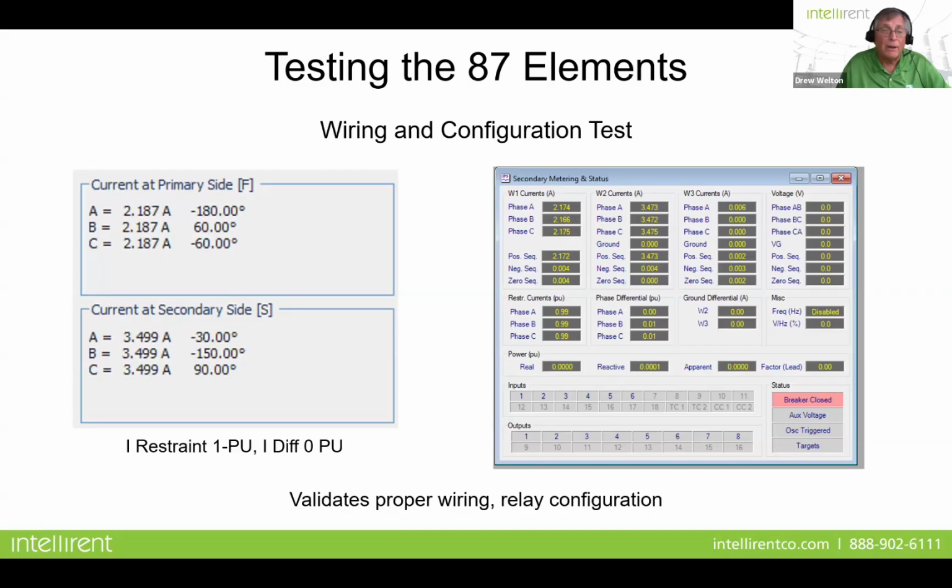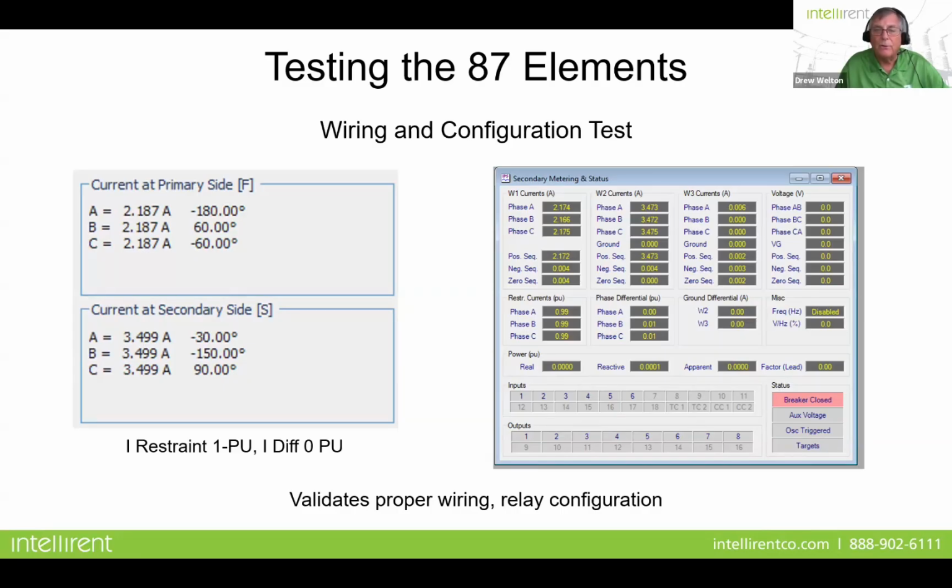Because you can see we're 180 out minus the 30. There's that DY1 again. So when you meter the relay, the first thing you're going to do when you apply these values, this is kind of a wiring validation, is you're going to look at your metering and make sure, number one, you don't have an element that's tripping, because it should be restraining with these values.